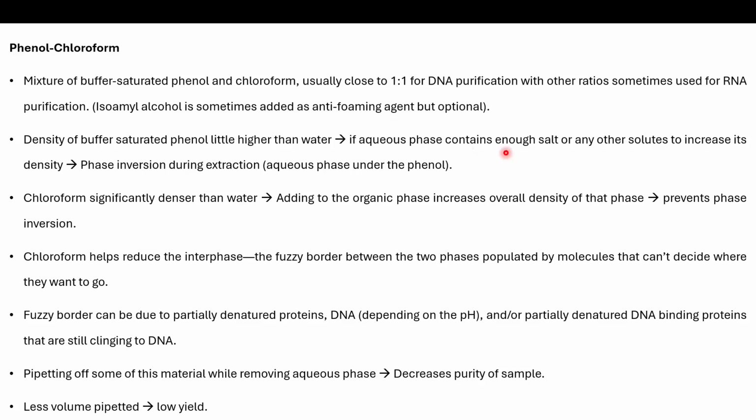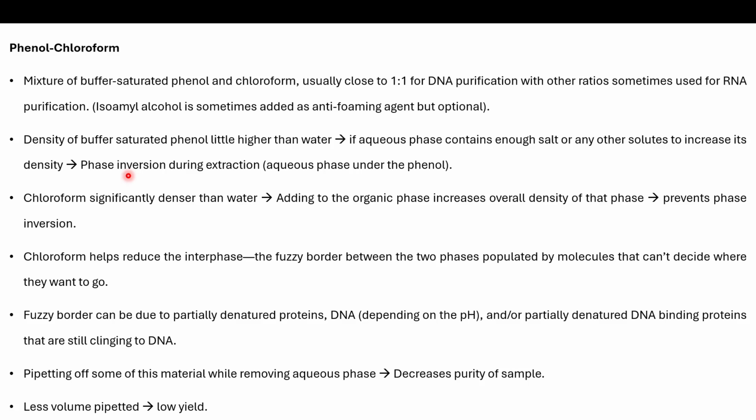Now, because the density of the aqueous phase increases, we sometimes see a phase inversion. In the previous slides, we saw the transparent phase at the top, followed by the pink or phenol phase at the bottom.